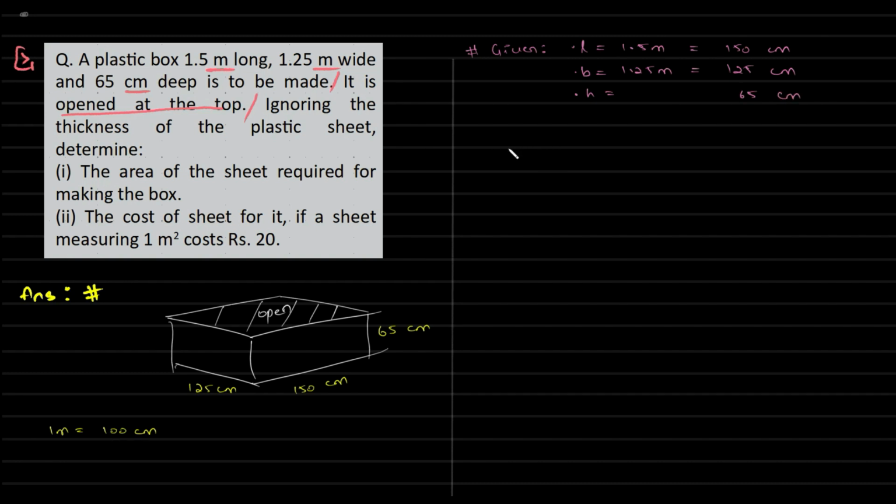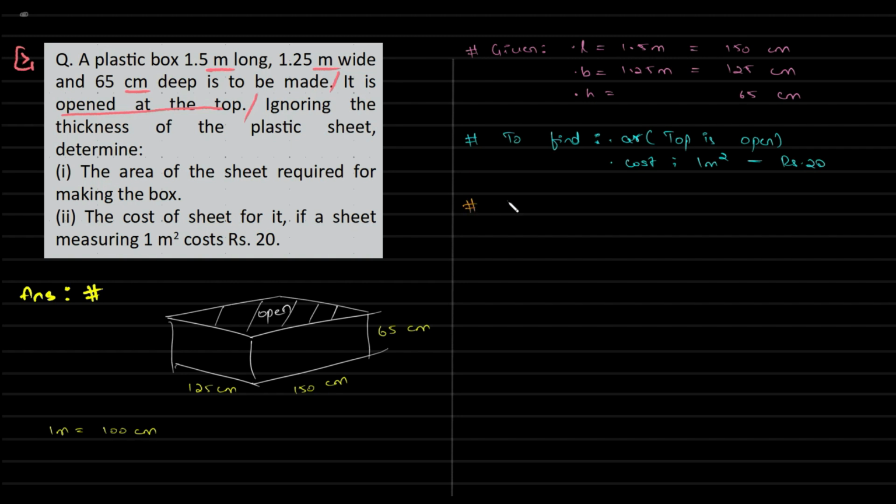Next is to find the area wherein the top is open. Very important to make a note, right? And the cost is, for every meter square, it is rupees 20.